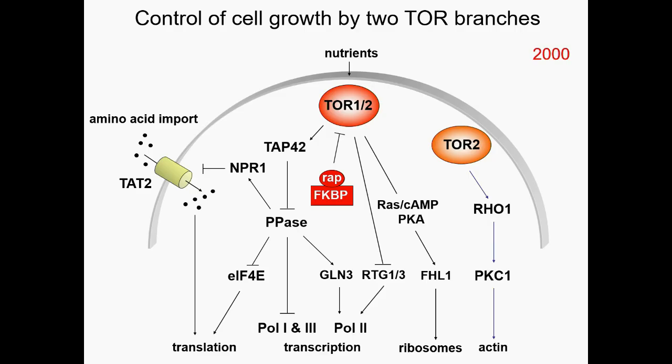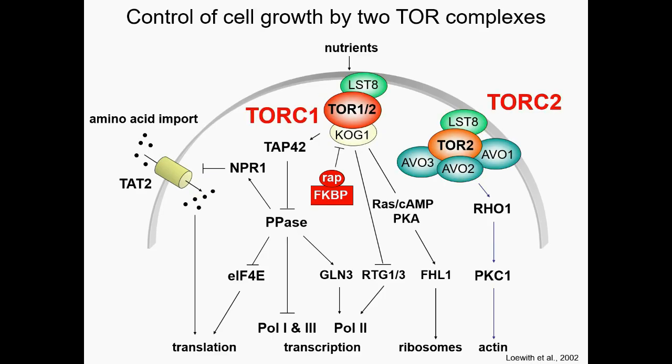When we did this, we found that indeed the TORs interact with other proteins, all shown here. TOR2 interacts with these proteins in the TOR2 unique pathway, and TOR1 or TOR2 interact with these proteins in the TOR shared pathway. And we call these complexes TOR complex 1 and TOR complex 2.